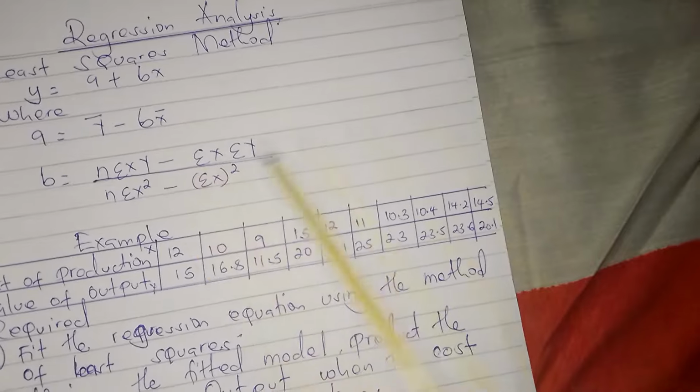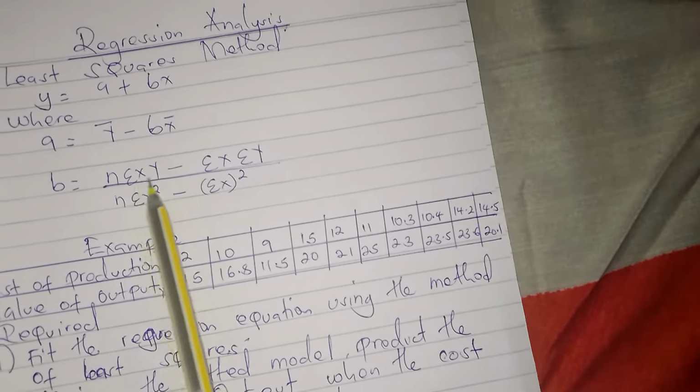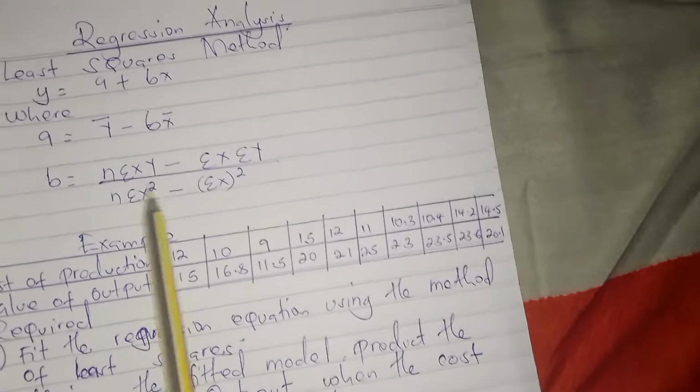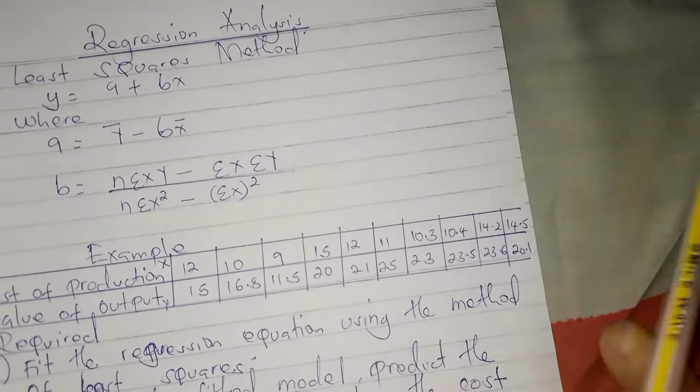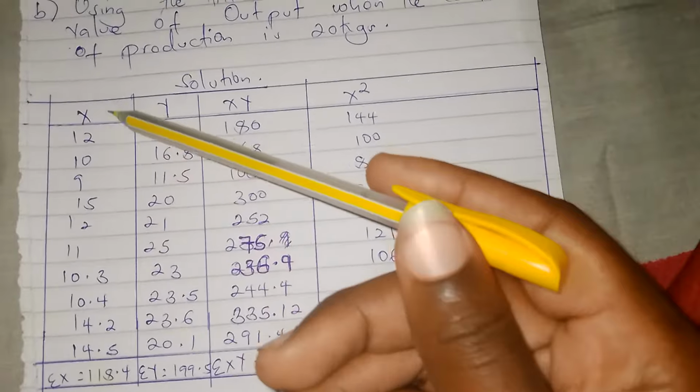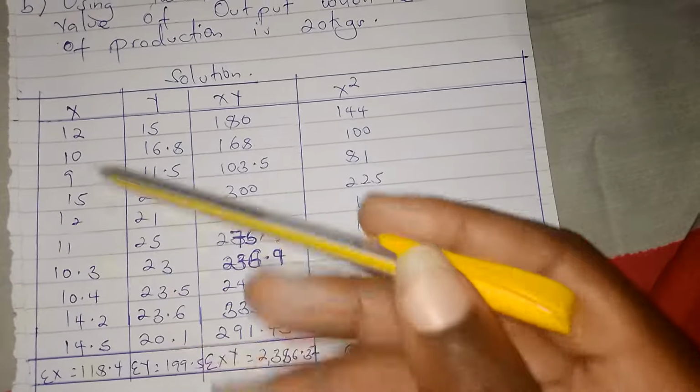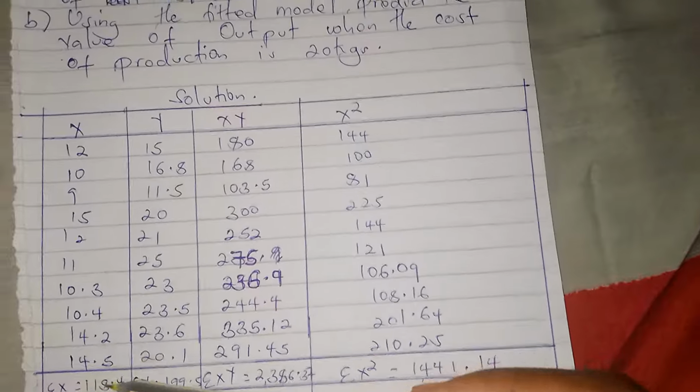According to the formula for calculating b, we are supposed to have summation xy, summation x, summation y, then x squared and summation x, in brackets, squared. After putting the values of x, you add all of them and get summation x.